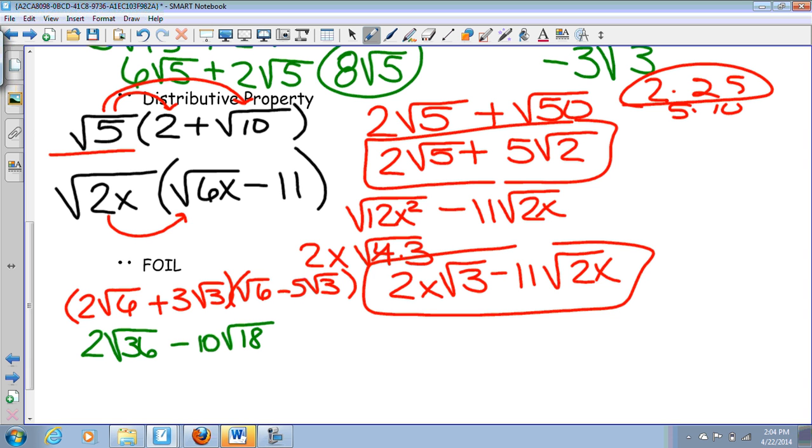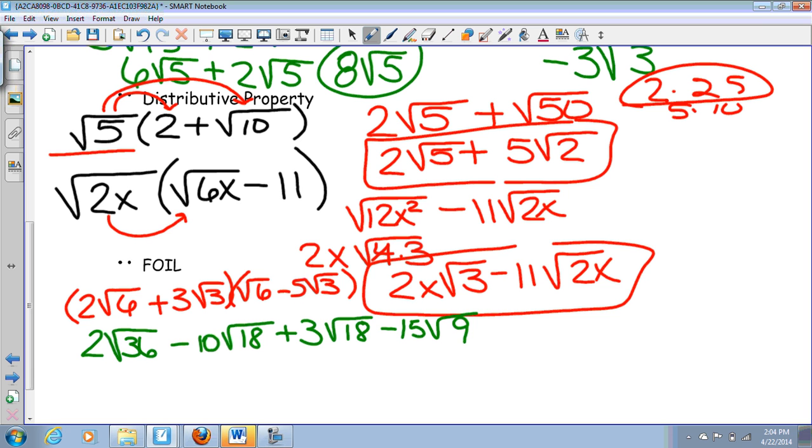Inside, 3 times the square root of 3 and the square root of 6. So plus 3 times the square root of 18. And then 3 times the square root of 3 times negative 5 times the square root of 3 becomes negative 15 times the square root of 9.